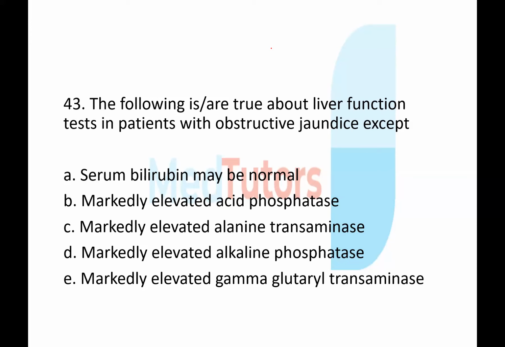God willing, tomorrow we are going to talk about interpretation of lab results. So the following is or are true about liver function tests in patients with obstructive jaundice. A, serum bilirubin may be normal. B, markedly elevated acid phosphatase.